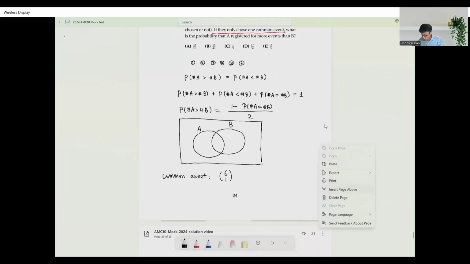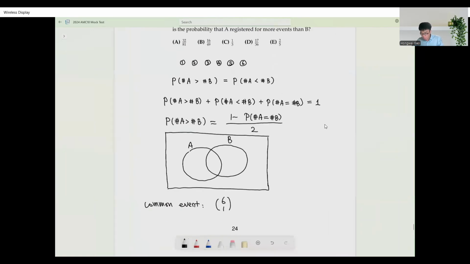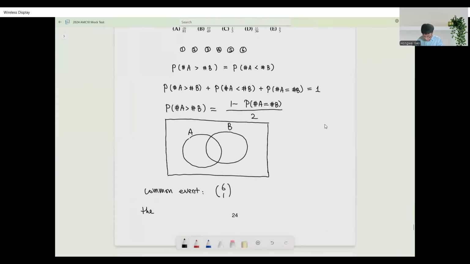Next, let's consider the cases for the other 5 events. Let's see each of the other 5 events. There are 3 cases. Maybe this event is chosen by A only. Chosen by B only.